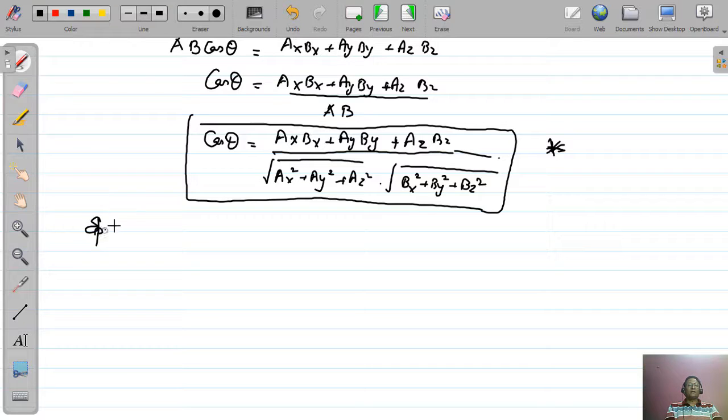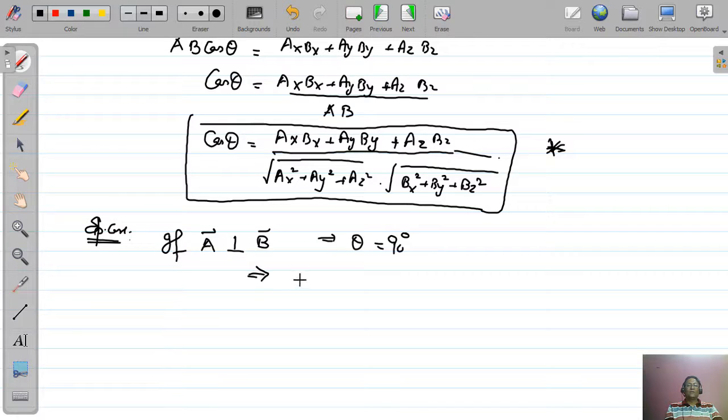As a special case, if vector A is perpendicular to vector B, it means theta is 90 degrees. Theta is 90 means cos 90 is 0. Cos 90 is 0 means this numerator will be 0.